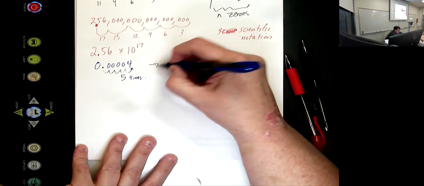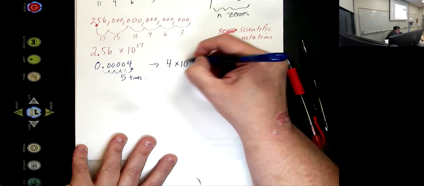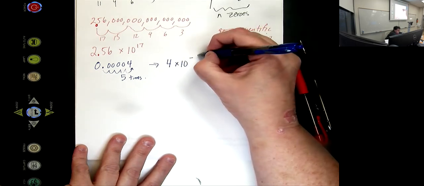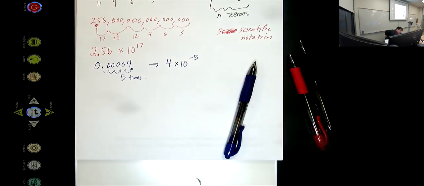They will show this as 4 times 10. And since I had to go the other direction, they will show it as a -5. And that's kind of how you deal with them.